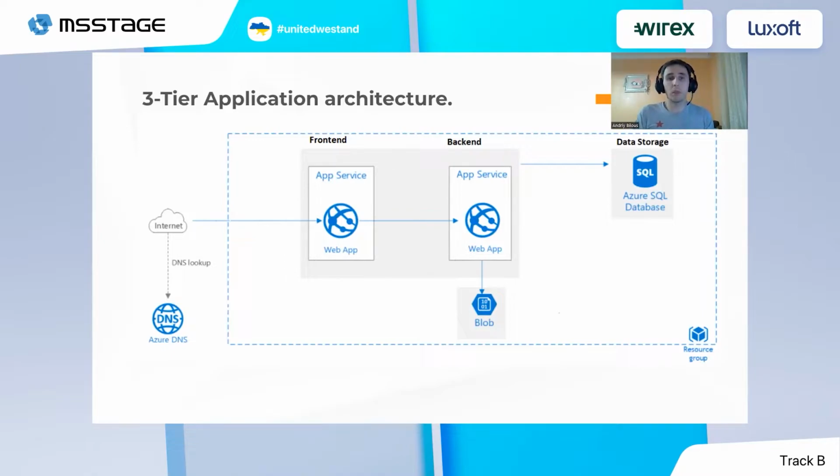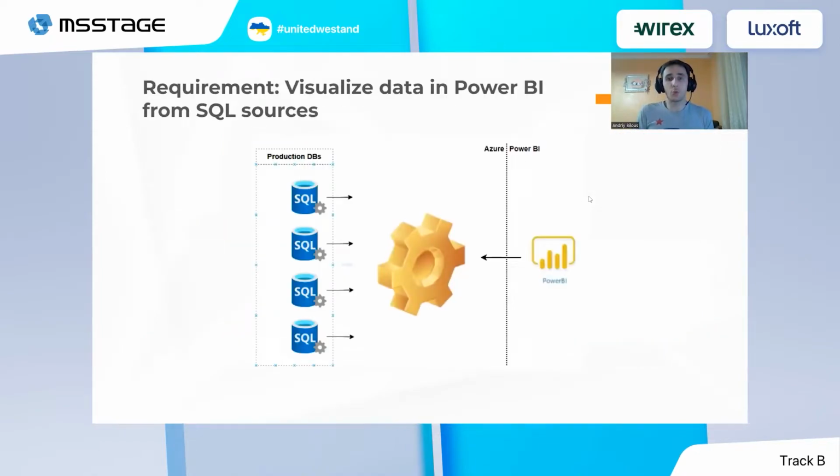Then the client, after a year of product development, came to our company and said, it's really cool that you were developing this product for us, and we want more. We want to have data visibility. This means that we just need the data to be in our Power BI.